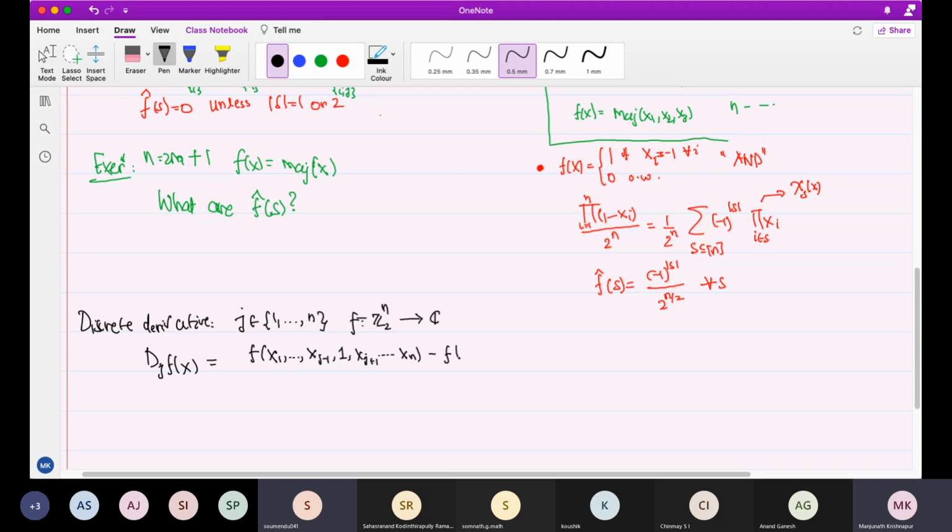Minus what you get if that particular coordinate is set to the other possible value, which in this case is -1.